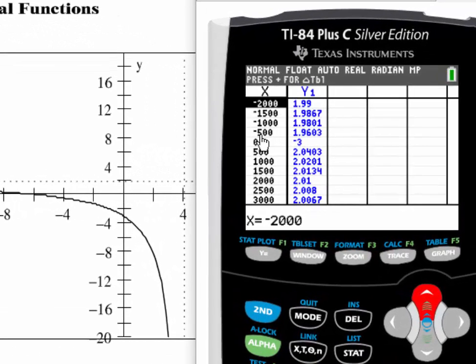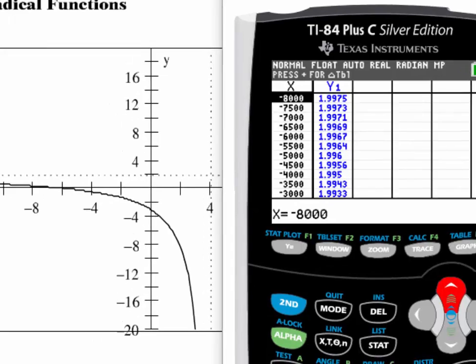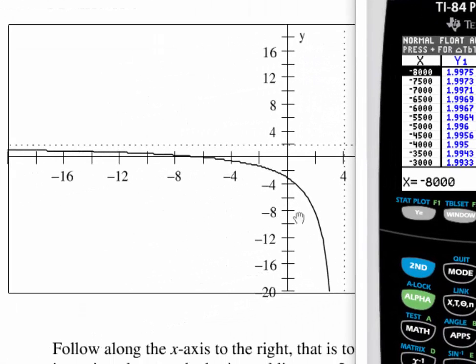So you see as x is negative 500, I'm at 1.96, 1.98, 1.99, and you can see I'm below the number 2, but I'm getting closer and closer to 2 as x becomes more negative. So as I move to the left on my graph, I'm below y equals 2, and I'm getting closer and closer to y equals 2, but I never actually touch 2.